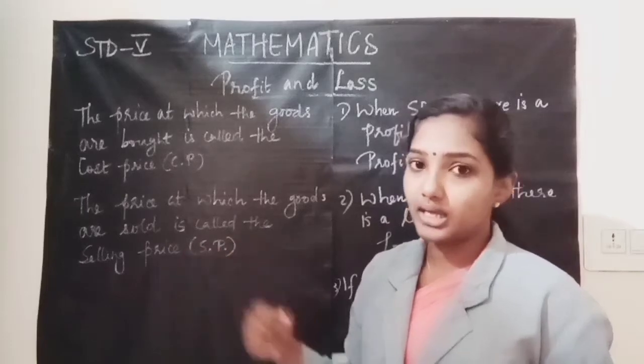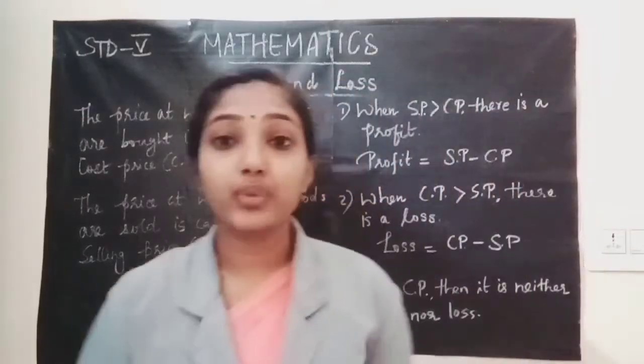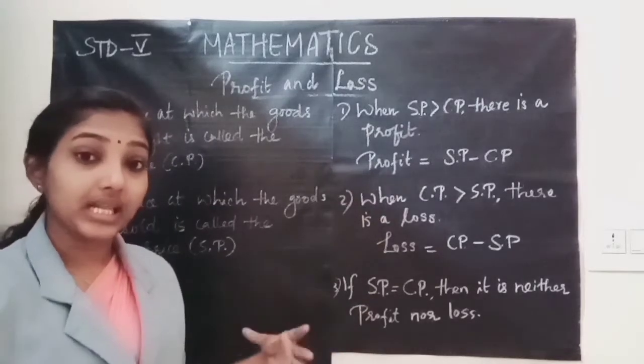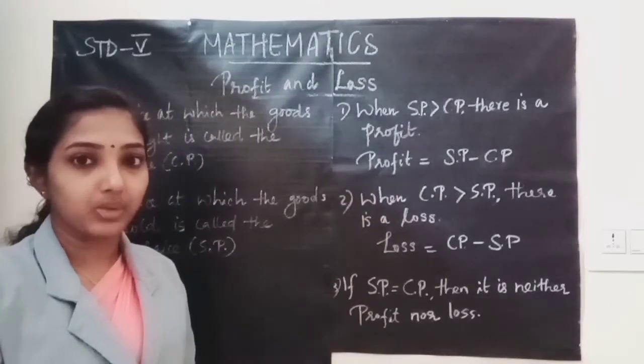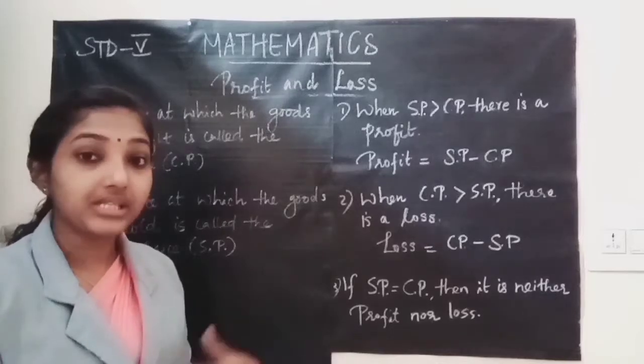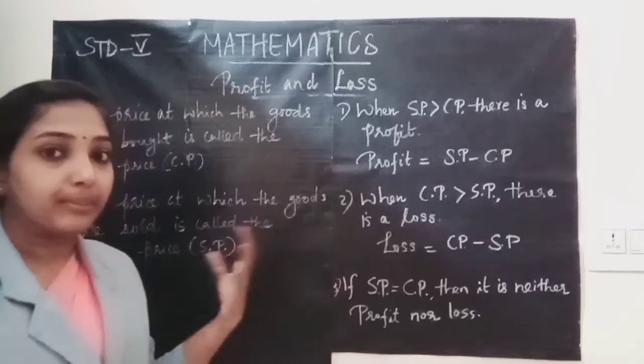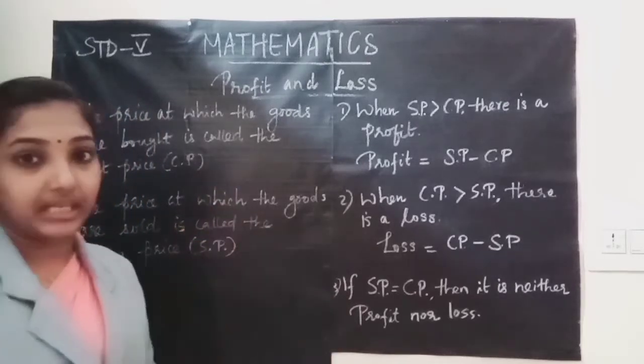Okay, and when this SP is greater than CP, that means the selling price is greater than the cost price, the amount that we get after selling a thing is greater than the amount that we spend to buy that thing.